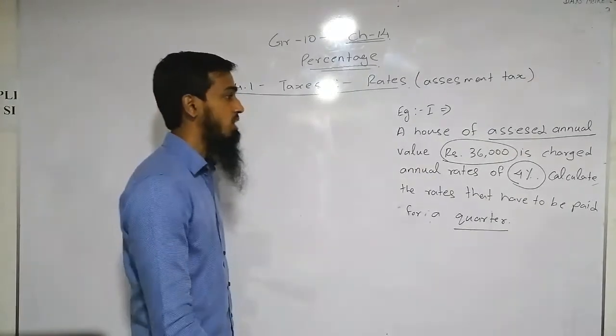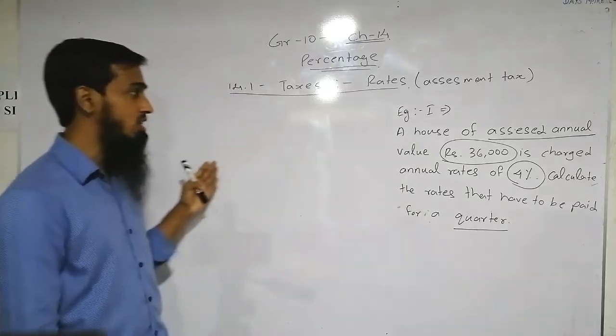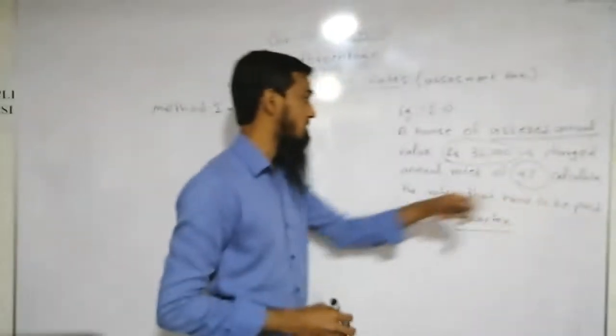Okay. So we have 2 styles. From grade 9 we studied 2 styles. We have to discuss the two styles now. Okay, method 1. We have to calculate the 4% of the tax first. So annual rates.